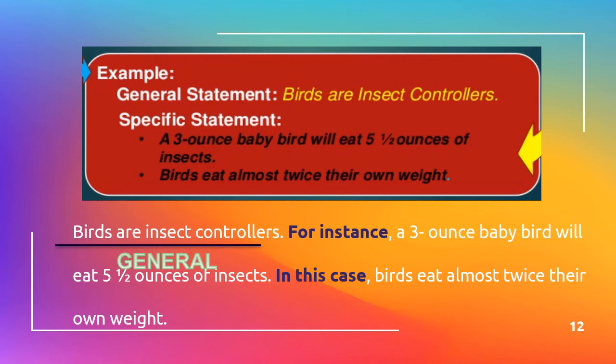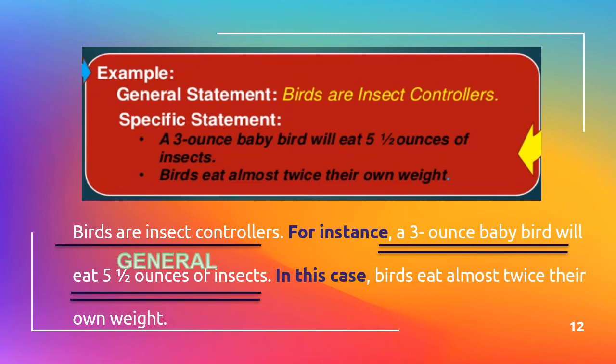Okay, so I have here, for instance, because it gives an example. Okay, it gives a supporting evidence that birds are insect controllers. So for instance, a 3-ounce baby bird will eat 5.5 ounces of insects. In this case, birds eat almost twice their own weight.